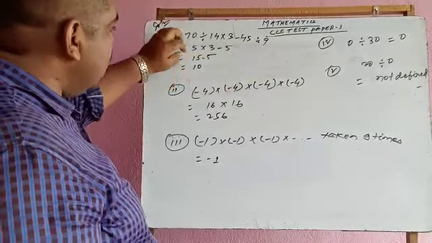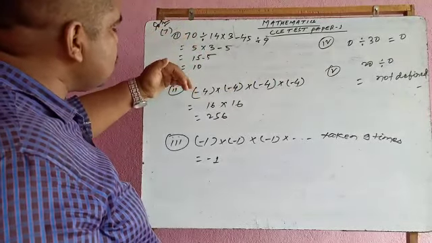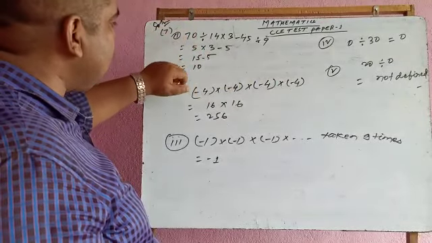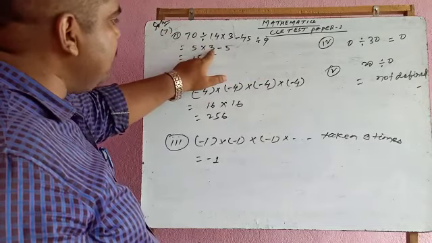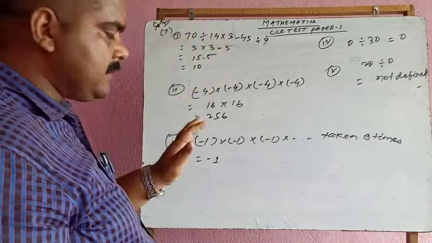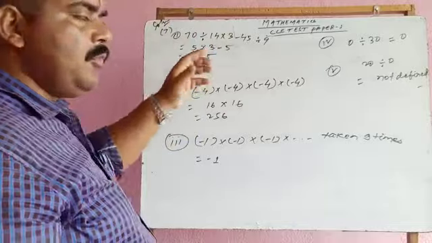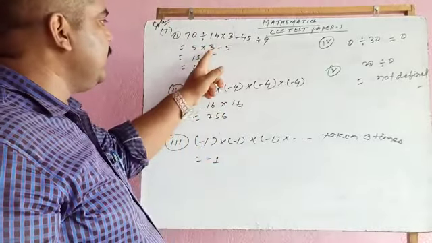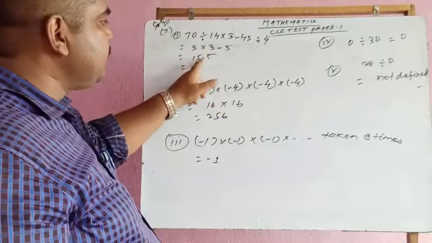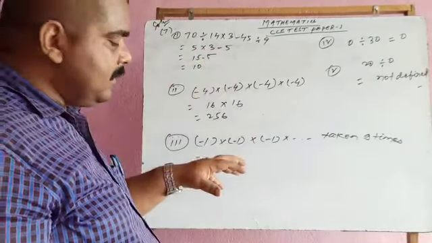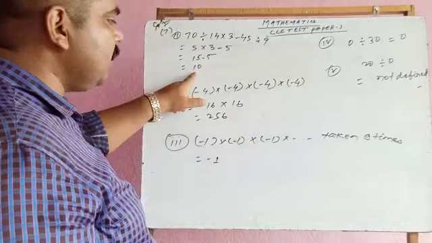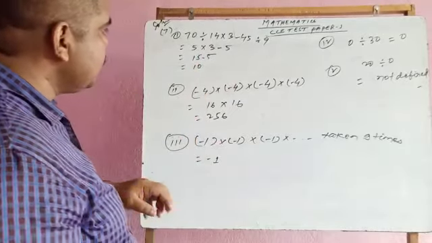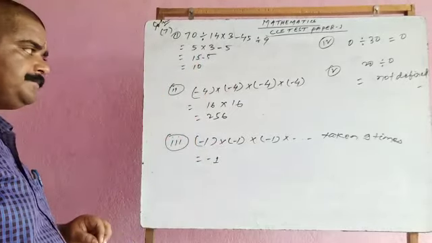So after the first step of these operations, we get 5 multiplied by 3 minus 5, and then we have to do the multiplication. 5 multiplied by 3, the result is 15, and when 5 is subtracted from 15, we get 10. So its solution is 10.